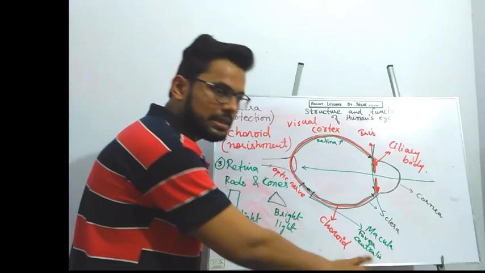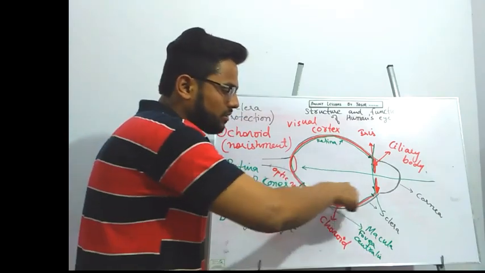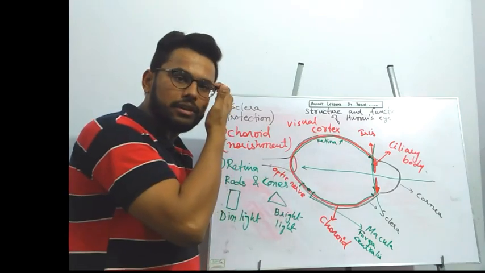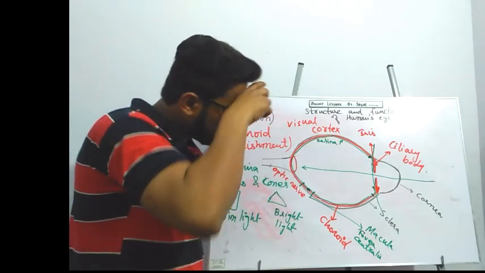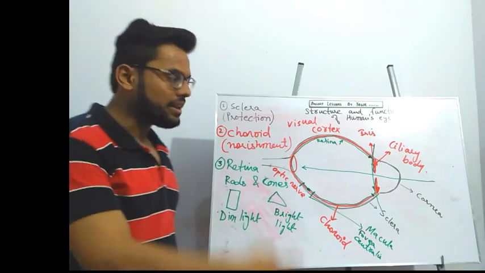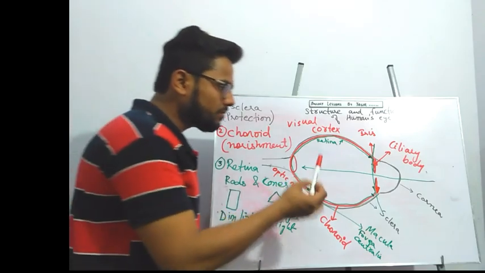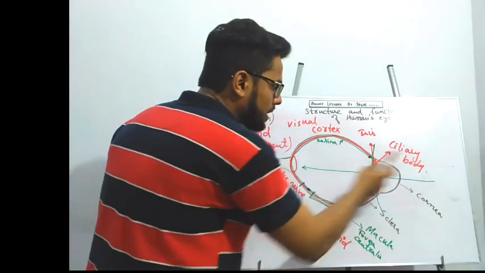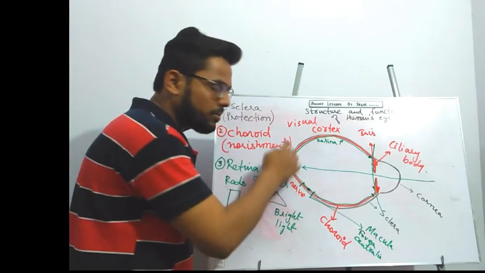This function is provided by the macula and the fovea, and the rest of the retina provides the peripheral vision. Understood? So light will come and the image is formed on the retina.